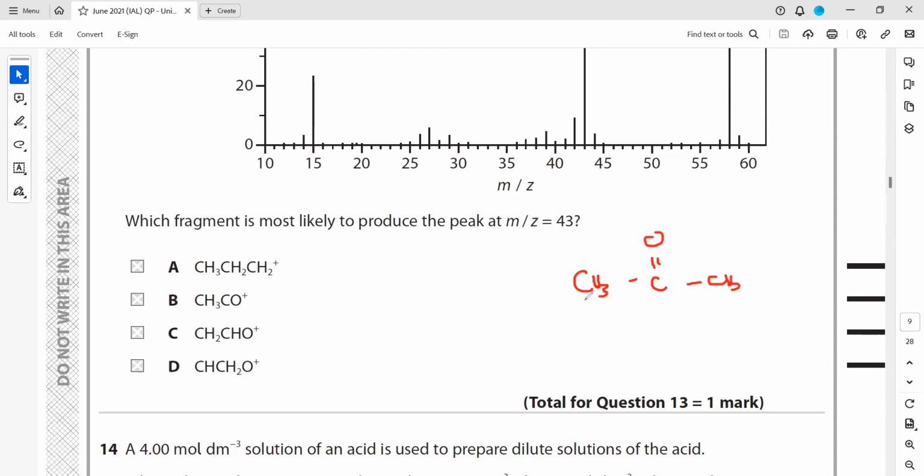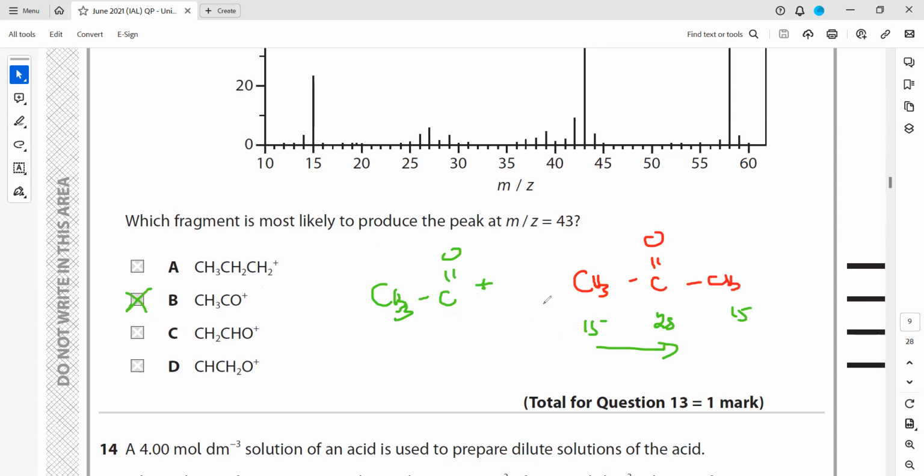So this one is 12 plus 3, 15; 12 plus 16, 28; and 15. So you will get 43. So 43 is due to CH3, C=O plus. This will give a total sum of 15 plus 28, 43. So CH3CO, so B will be the right answer.